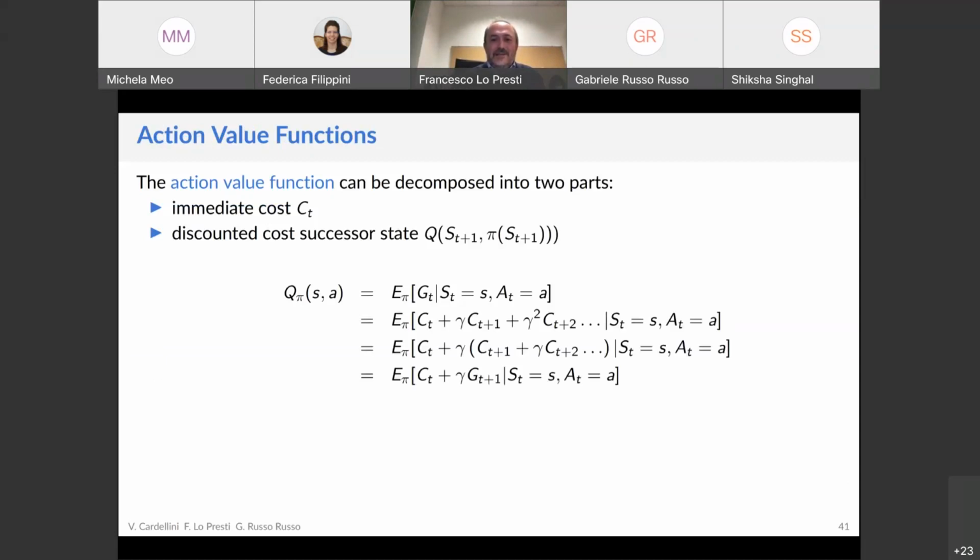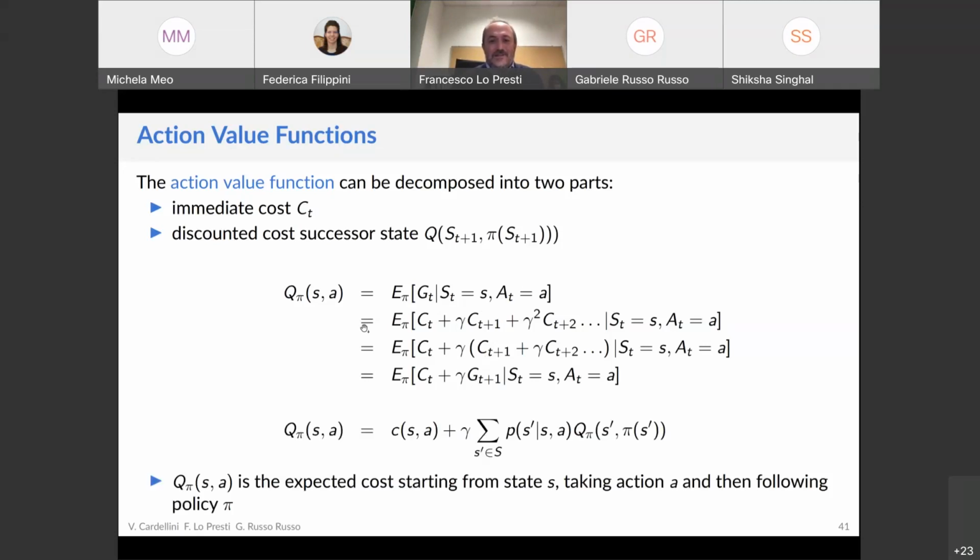Then I write G_t as the sum of discounted cost over time, so I have the entire series. Remember, since it is the action value function, it is given the starting state and the starting action. If I factor out gamma, then c_{t+1} plus gamma c_{t+2}, etc., is just the expected cost from the next state onward, which allows me, if I write the expectation, to write this equation, which holds for every policy.